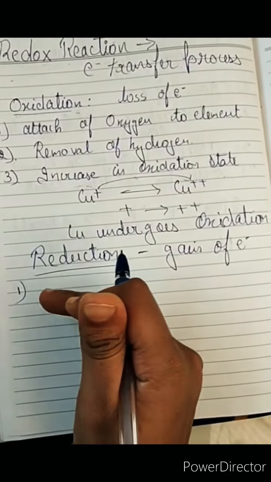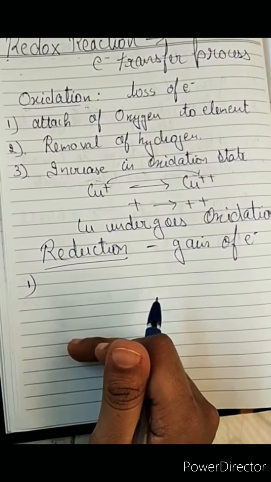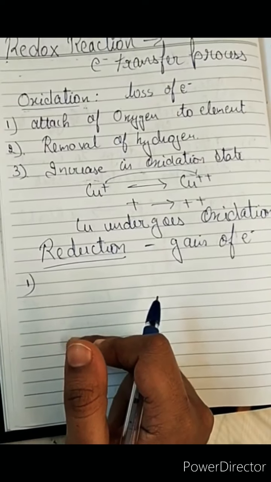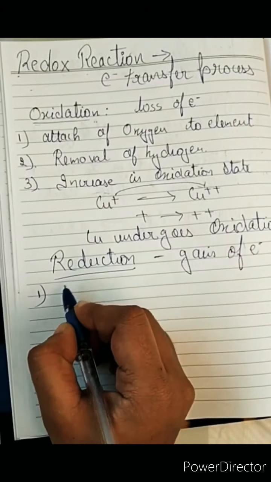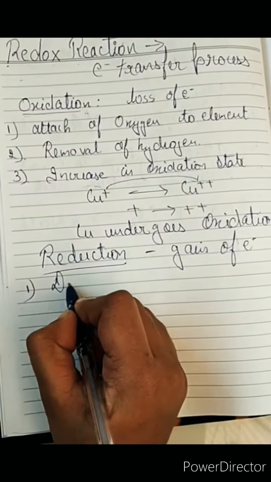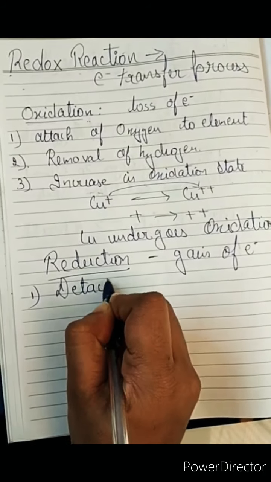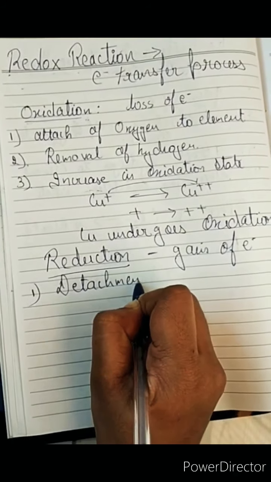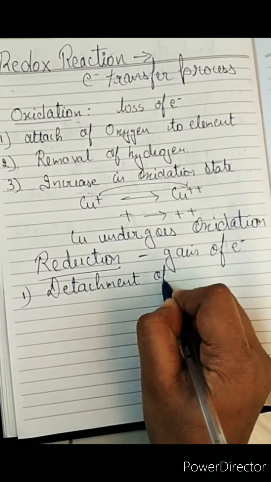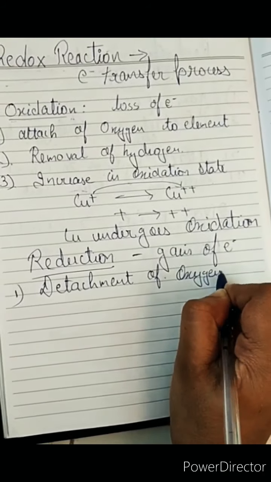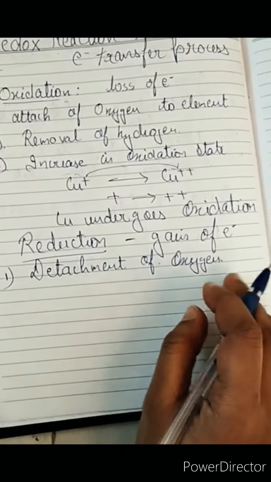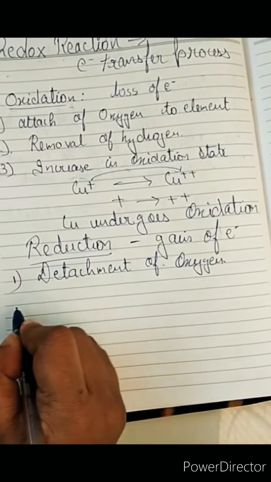Now, if any of these three criteria is followed by the element, it means that element goes under reduction. Number 1 is detachment of oxygen, or removal of oxygen.